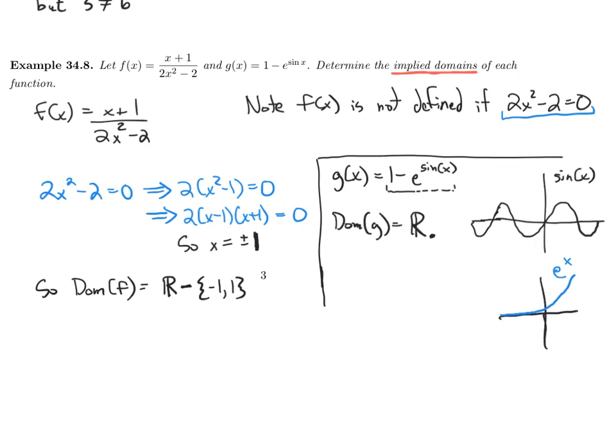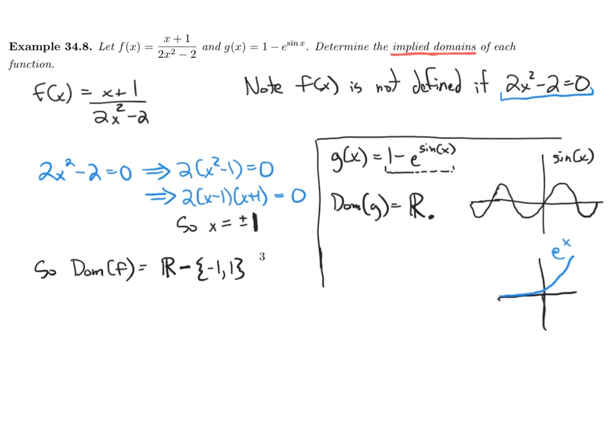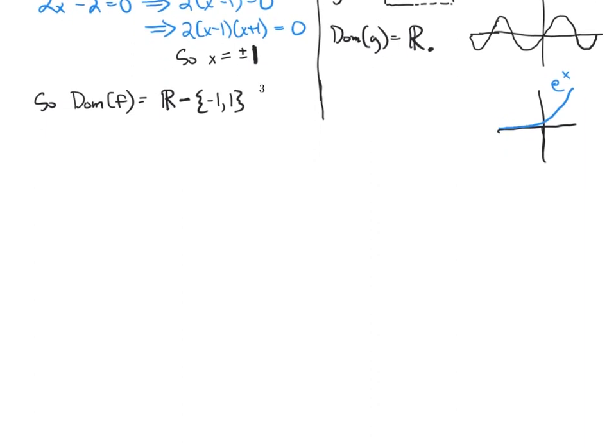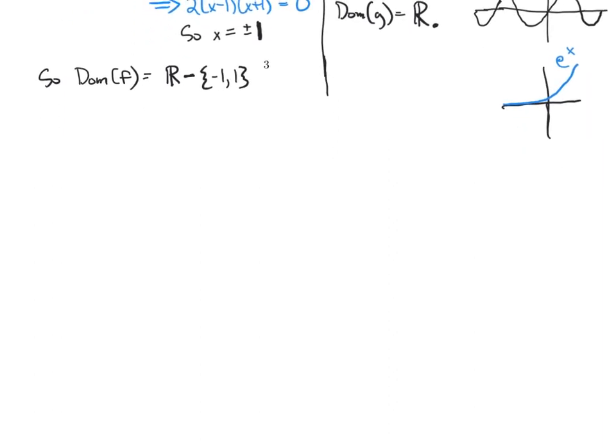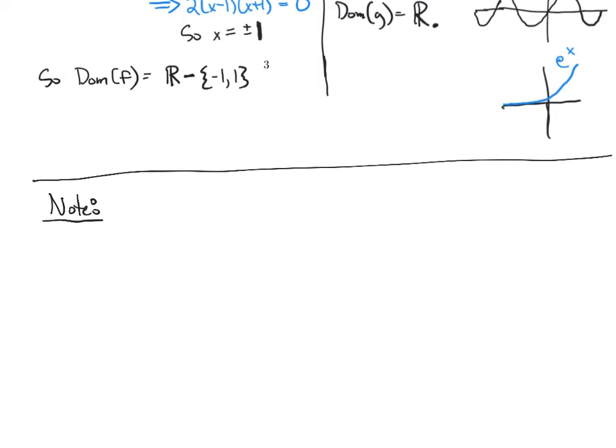And just a few little reminders here. This will be important when we're talking about implied domains of other functions. I'm sure most of you know this, but for the function square root x, you can only take square roots of non-negative numbers.